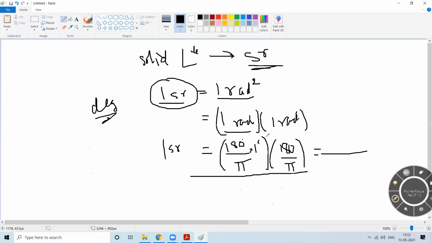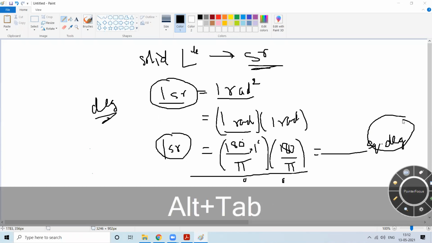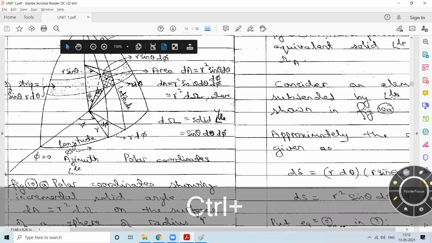Here this one is related to a degree, and this one is related to a degree. Therefore, in this case, we'll get square degrees. So 1 steradian I'll be getting in terms of square degrees. So what is 1 steradian equal to? Here we have measured it.